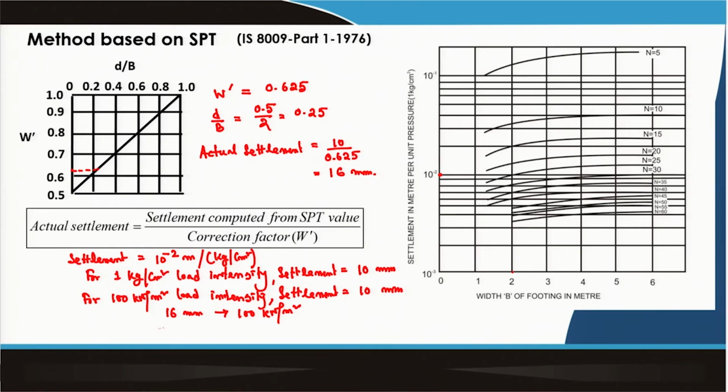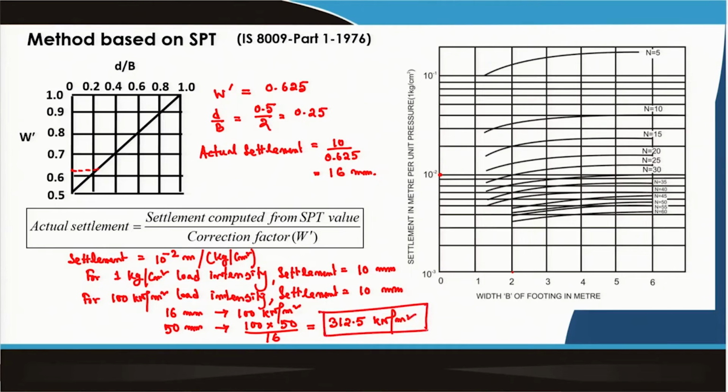Okay. And the permissible settlement is 50 millimeter. So, for 50 millimeter we will get how much load intensity? That will be 100 into 50 divided by 16, and that is 312.5 kilonewton per meter square.